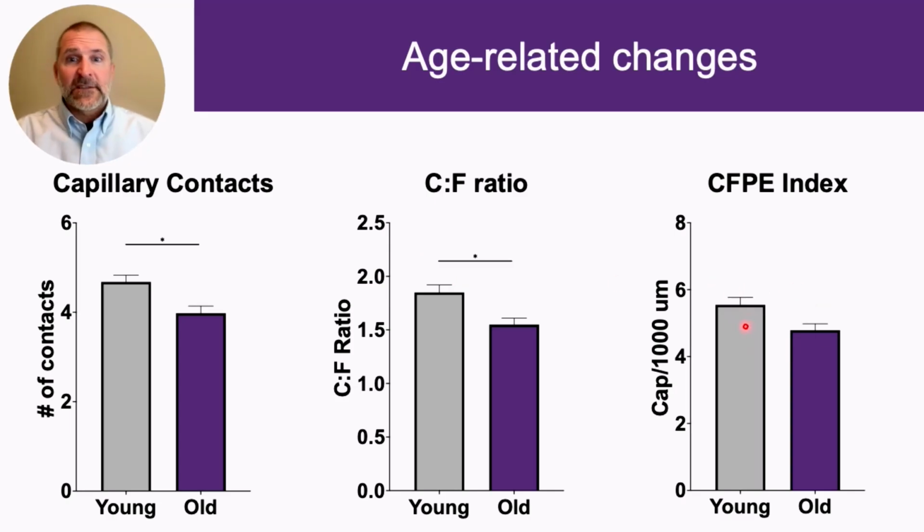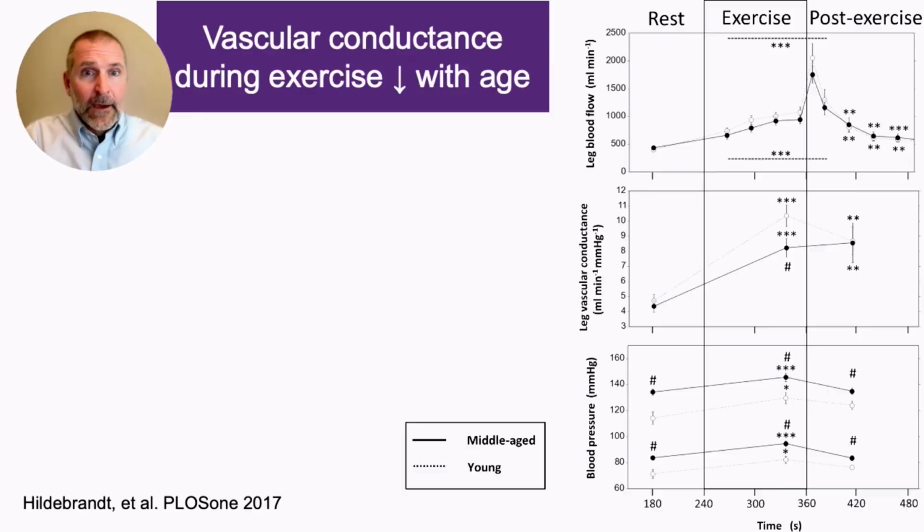In this example, the capillary density itself was not statistically lower in the older adults, even though there's a trend for a reduction, and that's likely due to atrophy of the muscle fibers, so that when you account for the cross-sectional area of the fiber, the capillary density is not impaired. But looking at the functional aspect, and this is in middle-aged adults, with a mean age of, I think, 43 here.